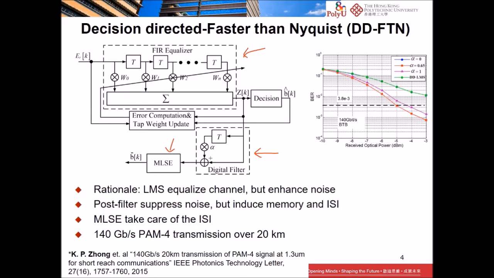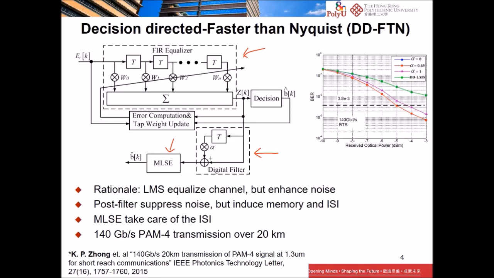So the rationale is the following. We did mention that the feed-forward equalizer is not good at equalizing spectral nulls. In more detail, it is because when you try to invert a channel with very low magnitude at certain frequencies, typically at high frequencies, you actually enhance the noise.